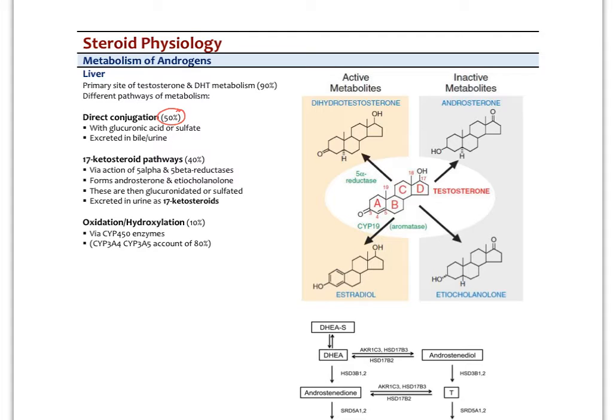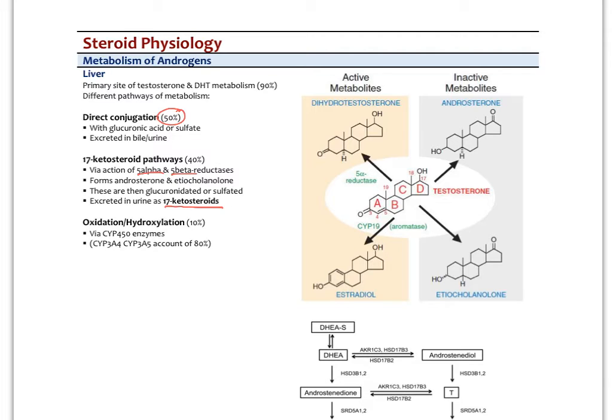About 40% go through what's called the 17 ketosteroid pathway. There are 5 alpha and 5 beta reductases, which form different metabolites, which are then glucuronidated and sulfated. And they're excreted in the urine as 17 ketosteroids. So some of the labs out there doing urine tests for androgens are measuring the ketosteroids as a marker for androgen levels in the blood.